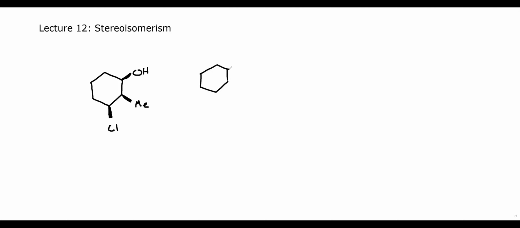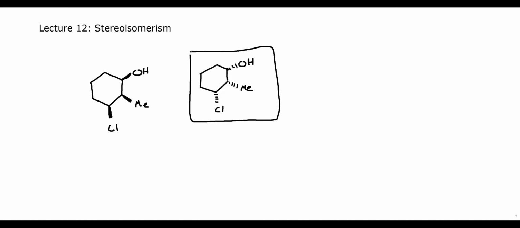We keep the structure the same, and then we simply exchange wedges for hashes, and vice versa. Here we just have wedges. Okay, so there is the enantiomer. Okay, let's label that. There is the enantiomer of 1.